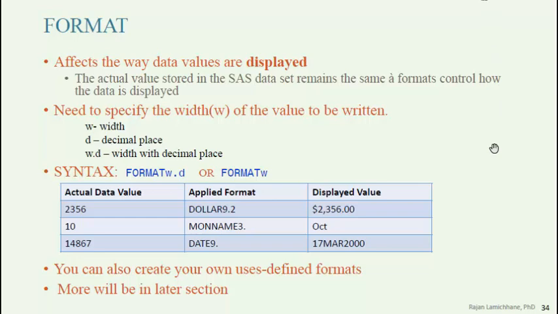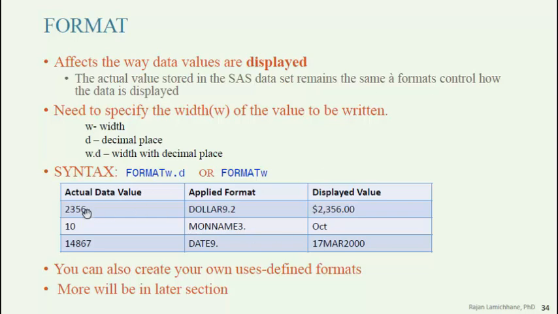Formats and informats are two very useful tools in SAS. Format is the way data are displayed. If you record the data including characters like a dollar or comma sign, SAS recognizes that data as character data. So what we do is record the number as numeric data in SAS, then display it using the format we require.